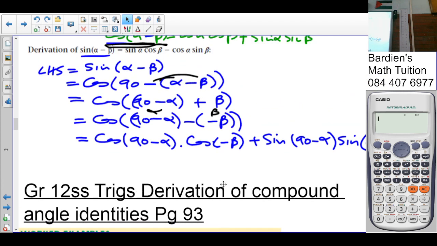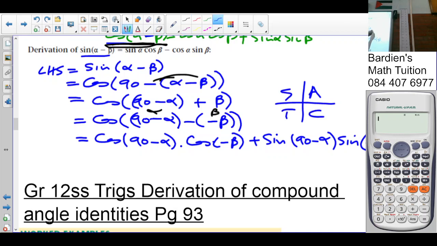So what do we have now? We go to the All Stations To Claremont diagram, the CAST diagram. So that is going to be 90 minus. 90 minus, that is co-function, co-ratios. 90 minus is going to change to sine, since all is positive in the first quadrant. That is going to, of course, be 360 minus beta, which is in the fourth quadrant, and cos is positive in the fourth quadrant, or if you were using negative angles, there's no problem. You don't need that 360.